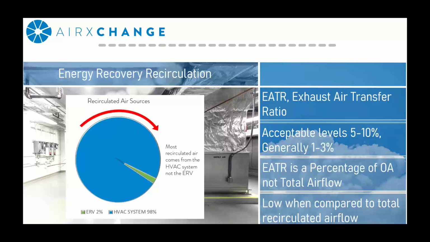And it's also important to keep in mind that EATR is a percentage of outside air, not total airflow. So outside air is typically the lower airflow of your total air versus your recirculated air and your outside air. So it's essentially a percentage of the smaller airstream. And when you compare that to the other airflows in the space, it's going to be pretty low.